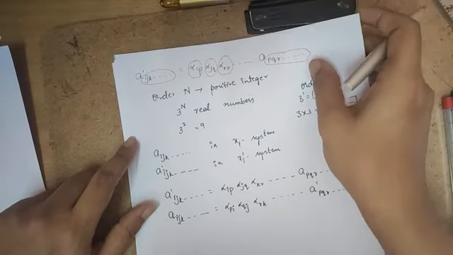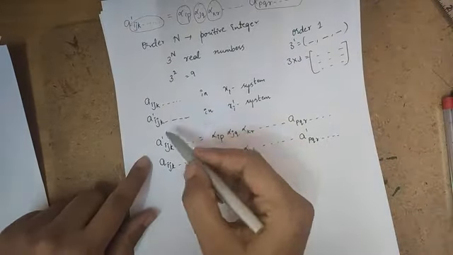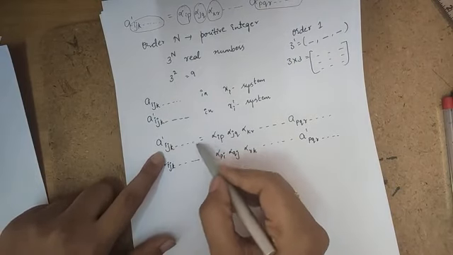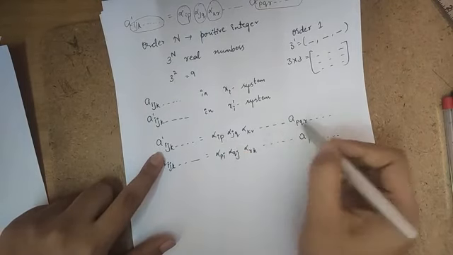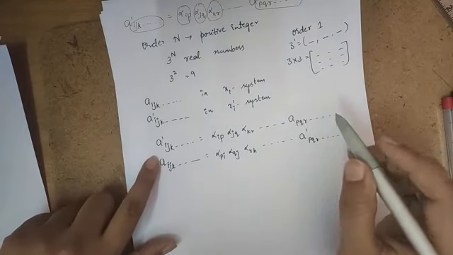These two transformation rules should be satisfied. I will call this n suffixes, and this is n factors. This is also n suffixes.